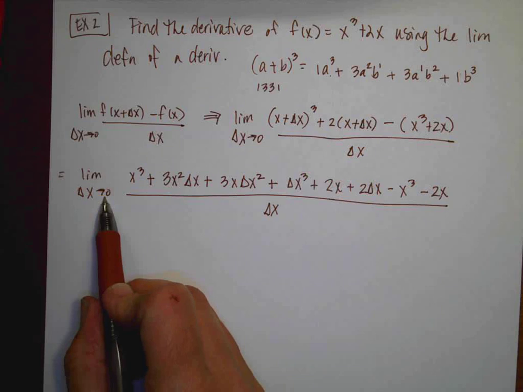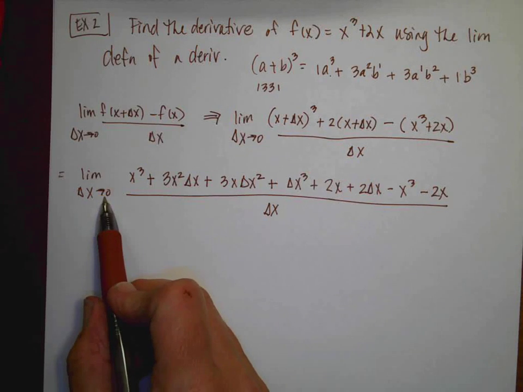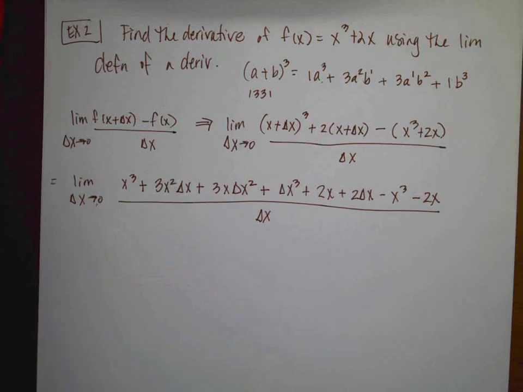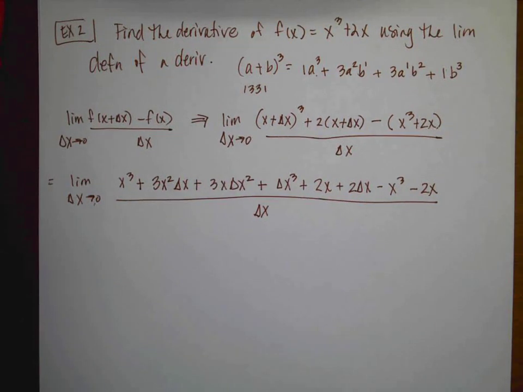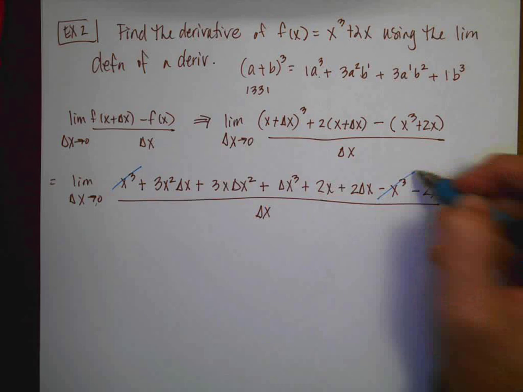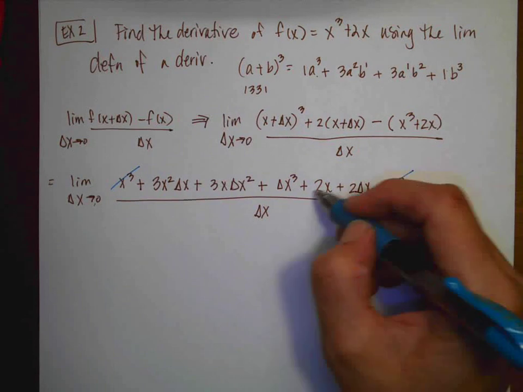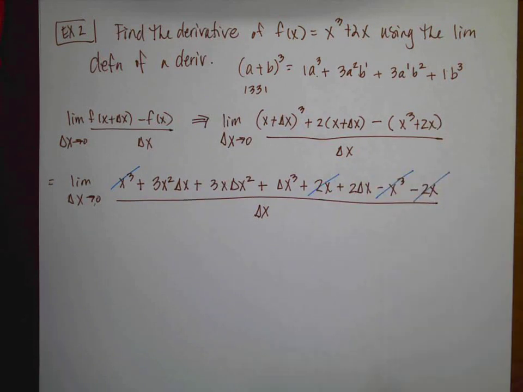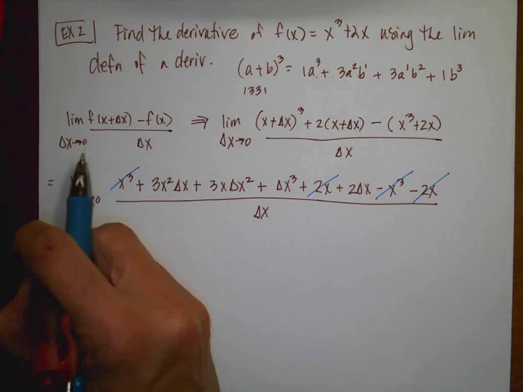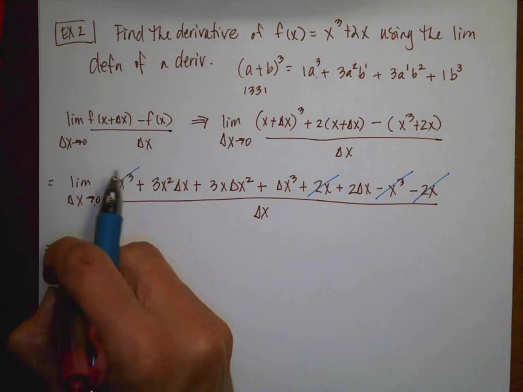As you can see what's happening, when I eventually get around to doing the direct substitution, I'm going to have the indeterminate form, so I'm going to have to do some algebra. The next thing that I need to do is eliminate, and things will start to clean up. I have a positive 2x and a negative 2x, and then I think that's all that I can cancel.